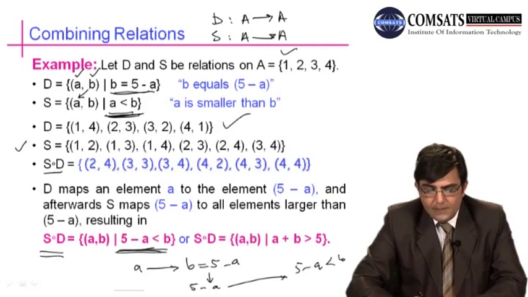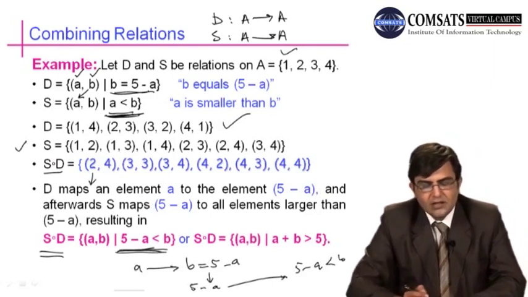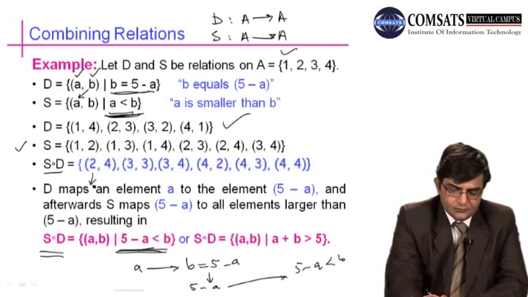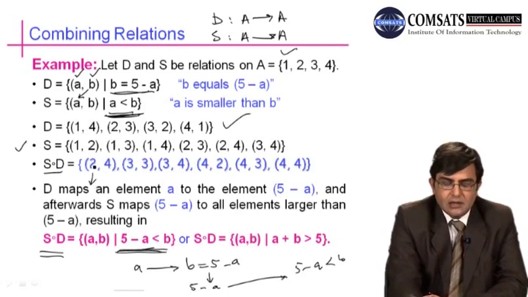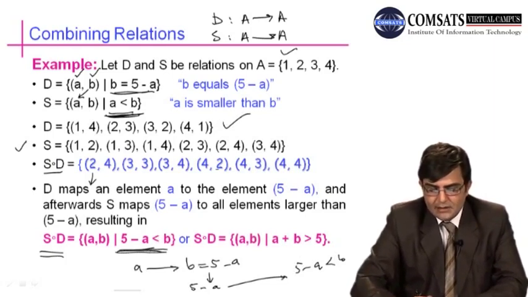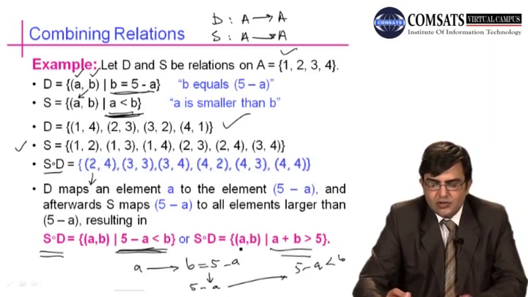So here we cannot choose 1. Or you can say that we cannot choose 4, because 5 minus 4 is 1, and 1 must be less than this B. Now, you can see here we choose only those elements whose sum must be greater than 5.